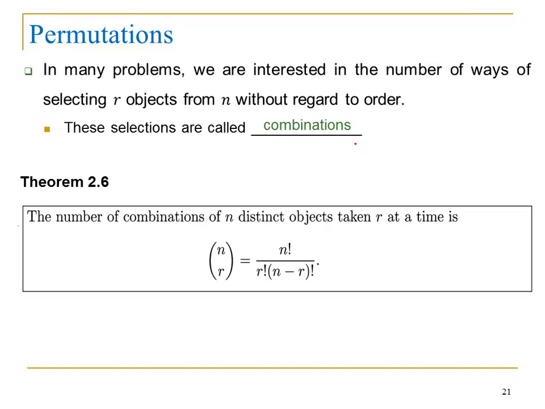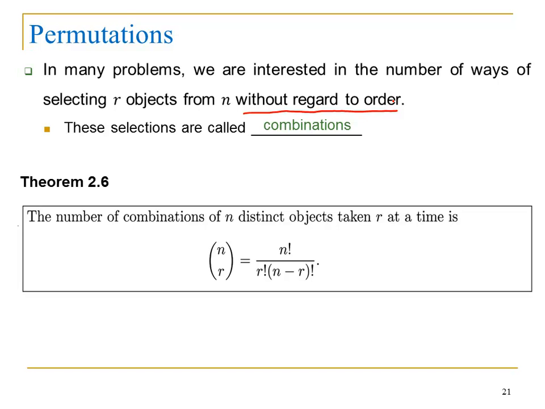The important thing here is that for this type of problem, we are not taking into account the order. For permutations, we were taking into account that AB is different than BA, CA is different than AC. Right now, for this type of problem, the order is not important.